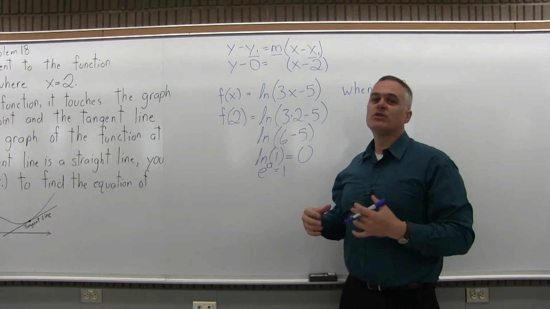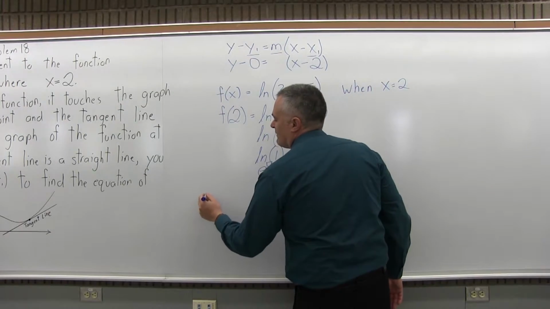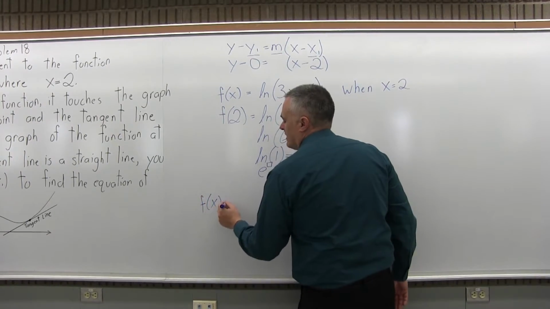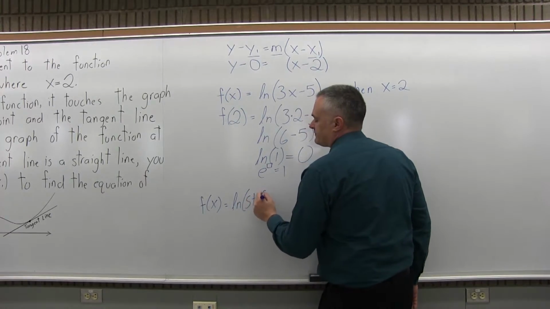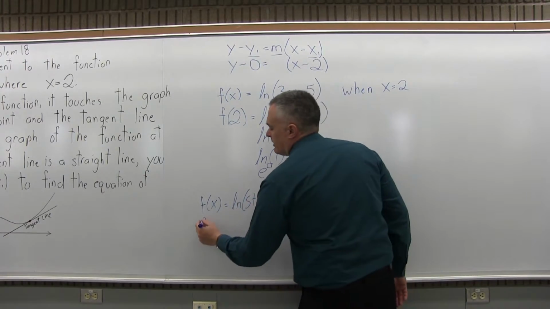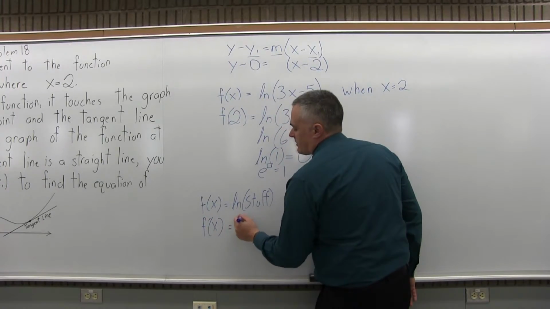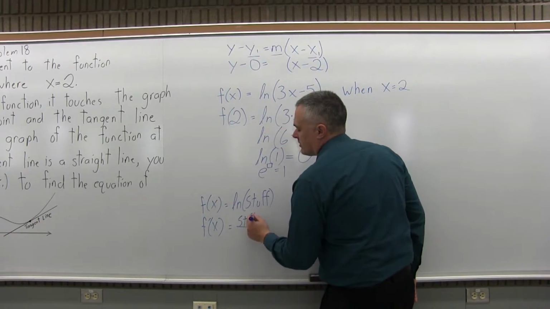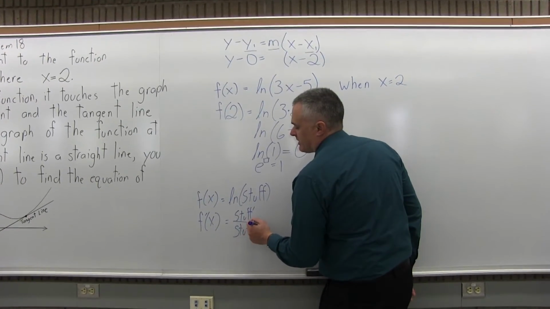Now what is the slope? To find the slope, we're going to use the derivative, f prime. So when we have any function that is natural log of some stuff, the derivative f prime of x is the fraction with stuff prime in the numerator and just stuff with no prime in the denominator.